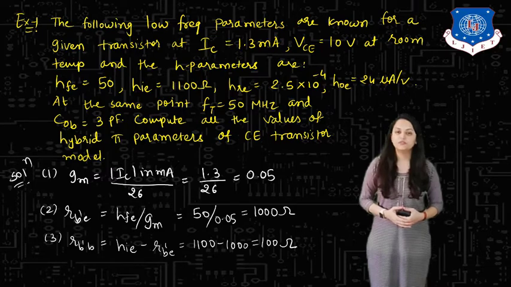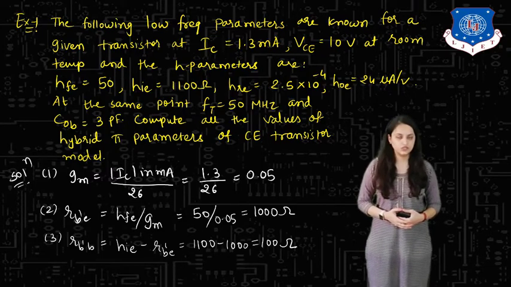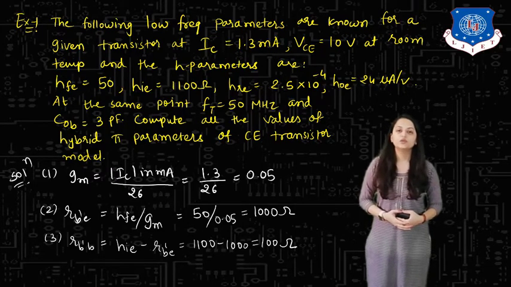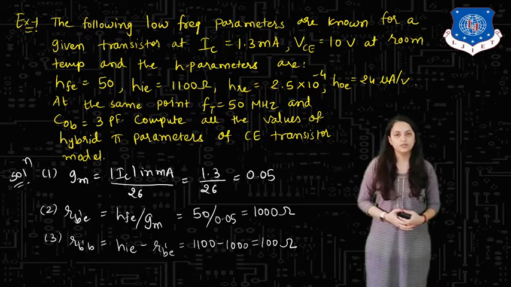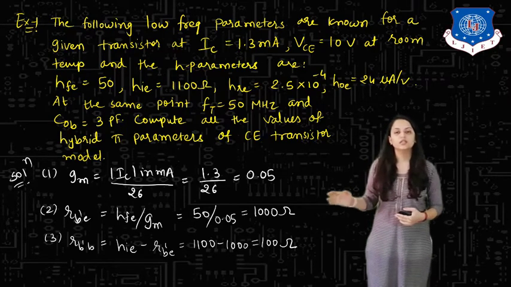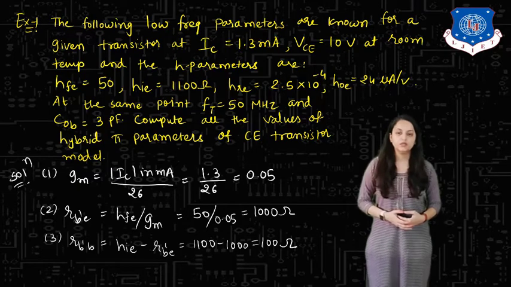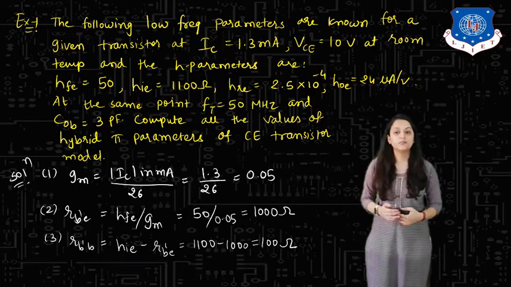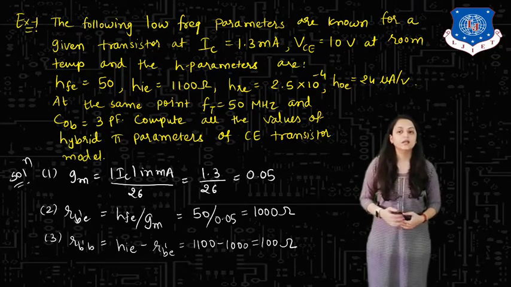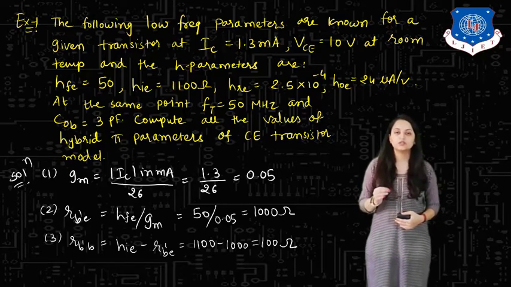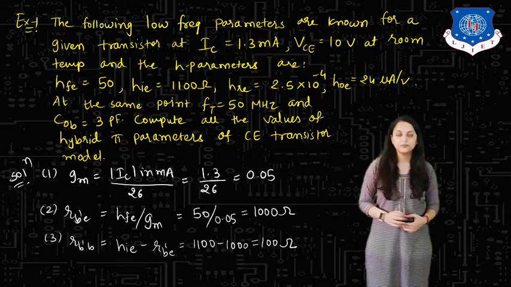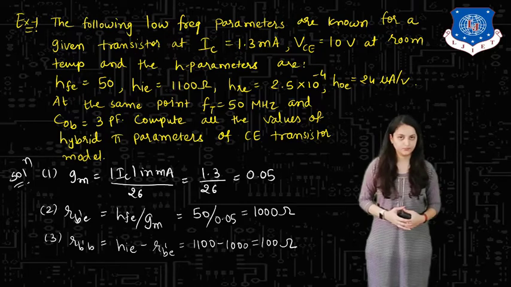Let us start with the first one, the transconductance gm. We are going to use the given data in the example and place the values in the equations. First is gm, which we have derived already, equals IC in milliampere divided by 26, because here it is mentioned that you need to calculate it at room temperature, that means at 300 degree Kelvin, where the equation of transconductance gm is IC by 26.